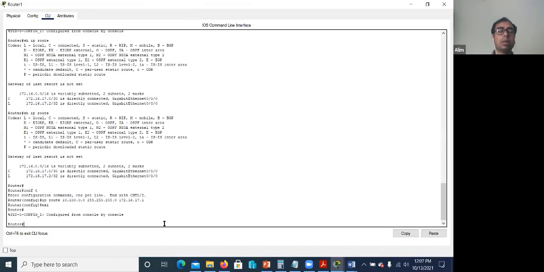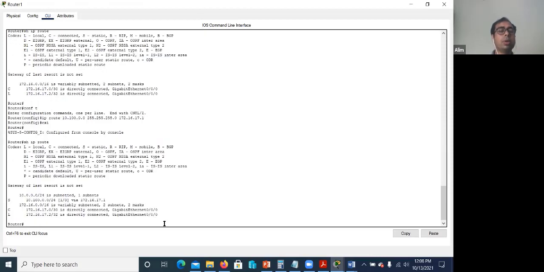Okay. So now show IP route. Now you can see static routing again. 10.100.0.0/24 is via 172.16.17.1.